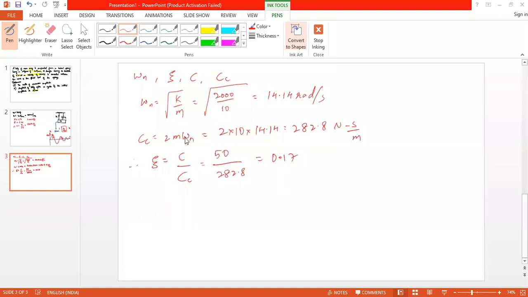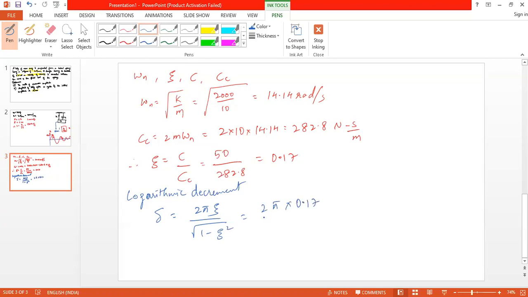Okay, so now we got all the values. Next, we need to find the logarithmic decrement. So what is the logarithmic decrement? Delta is equal to 2 pi zeta by square root of 1 minus zeta square. So that is equal to 2 pi into 0.17 divided by root of 1 minus 0.17 square.